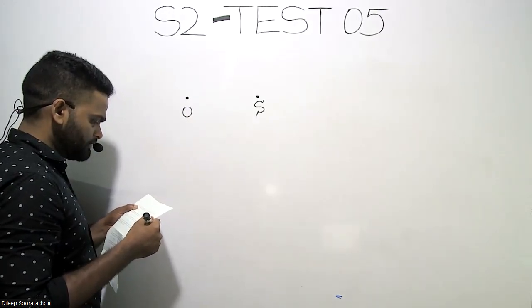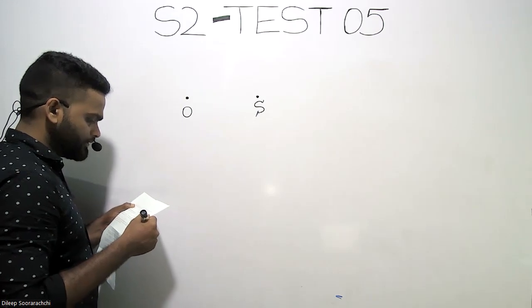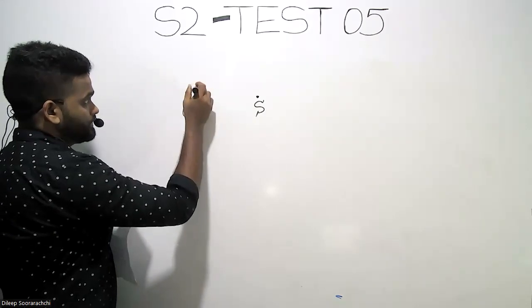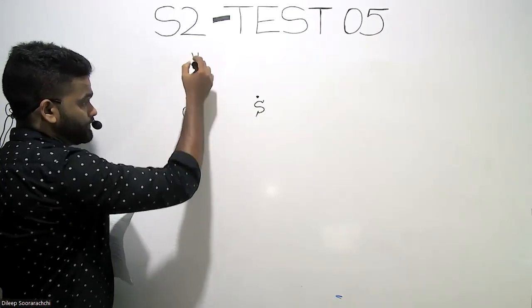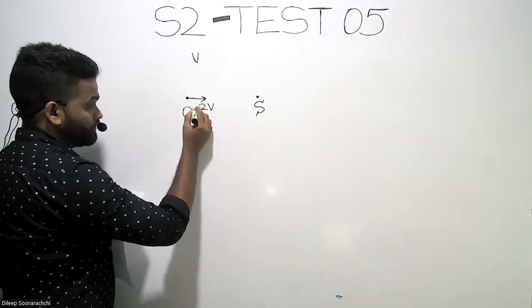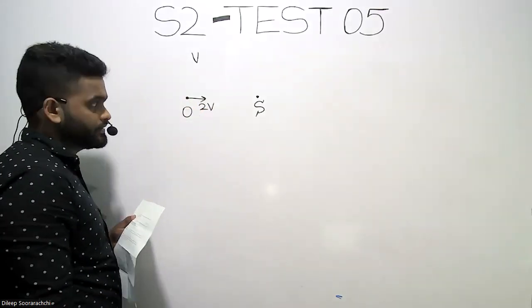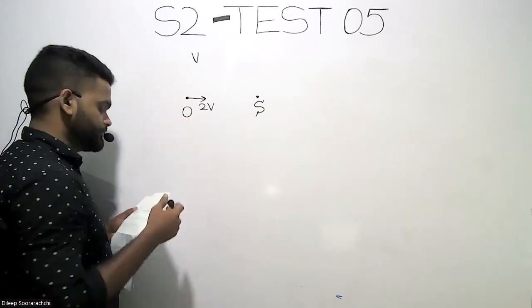The observer moves at twice the speed of sound towards the sound source. So if the velocity of sound is v, the velocity of the observer is 2v, twice the speed.